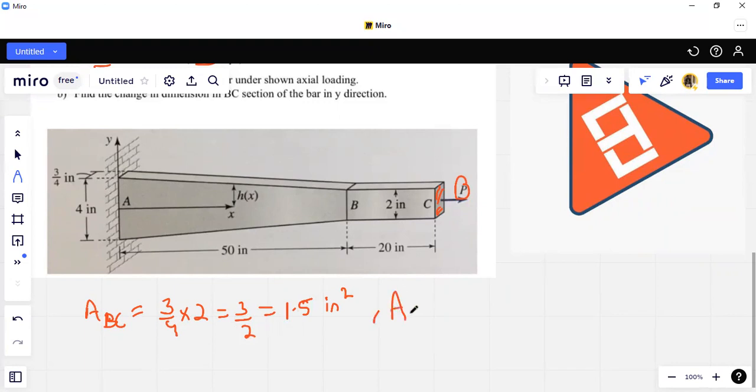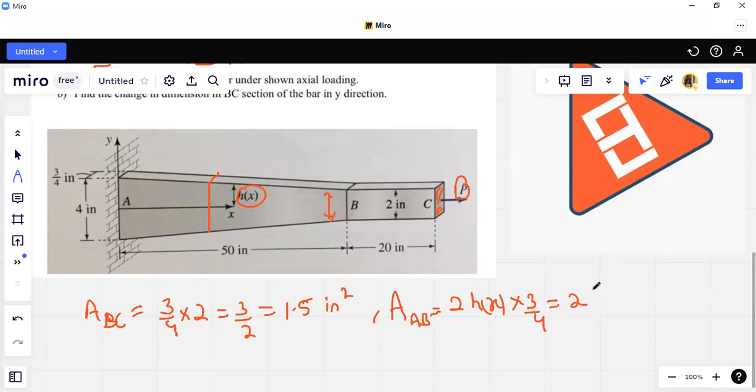Let's calculate the area of cross section of AB also. For this, the height is varying as hx, and this hx is half of this AB height. So this is hx, and this is one more hx, so twice hx, multiplied by this depth, which is 3 by 4.